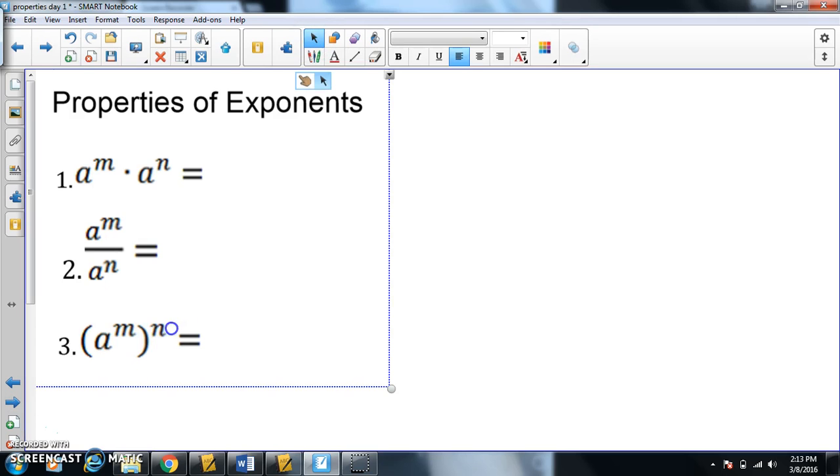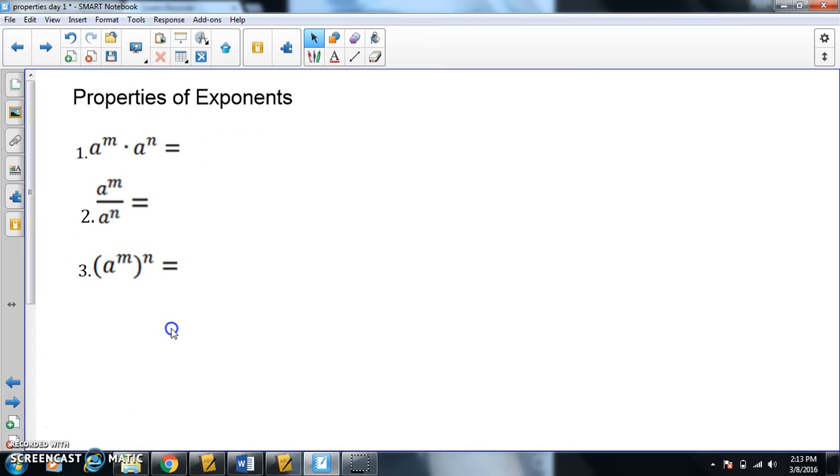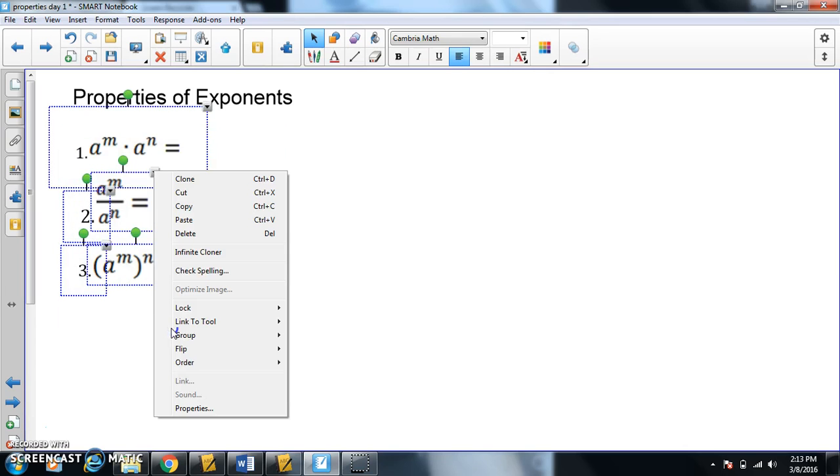So we're first going to talk about the properties of exponents that we already know. These properties of exponents are going to be related to our new properties of logs that we are learning today.